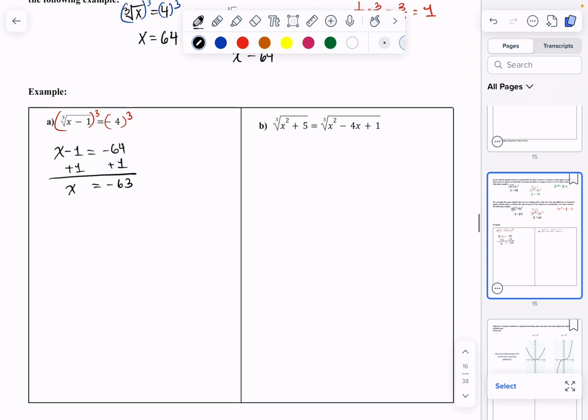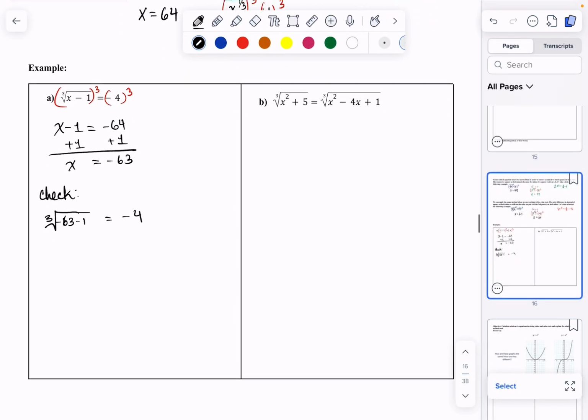Now we must check our work. So we would do the cube root of negative 63 minus 1, and see if it is equal to negative 4, and let's see if we end up getting a true statement.